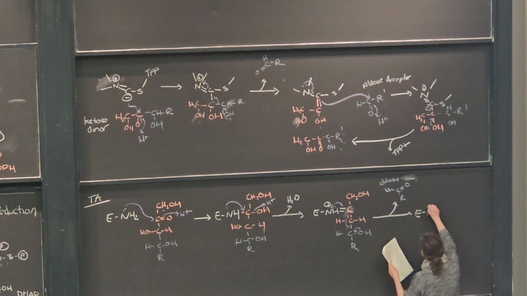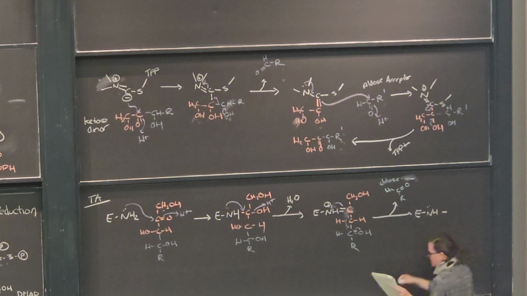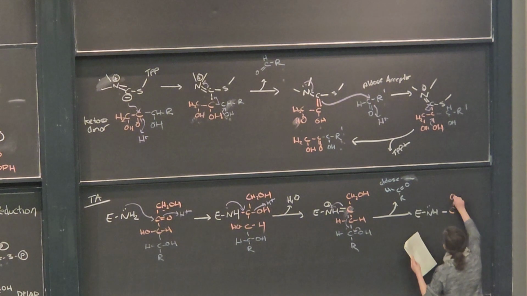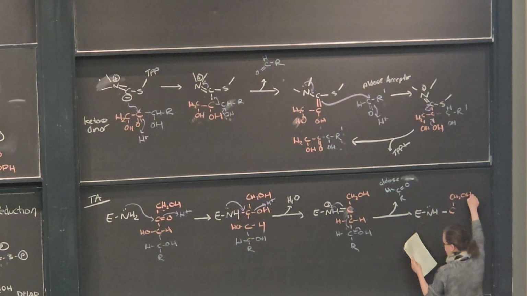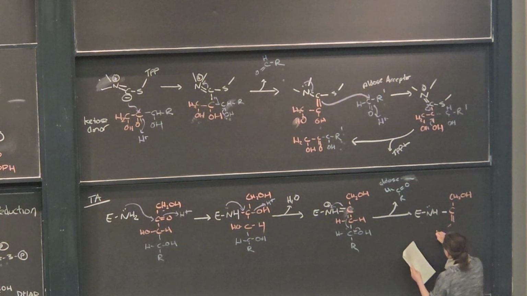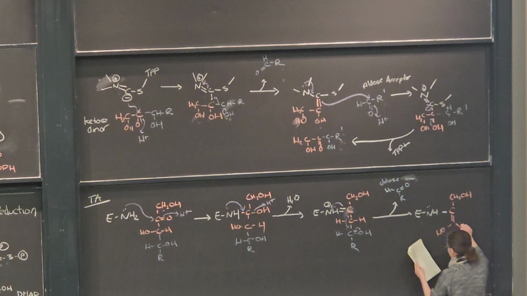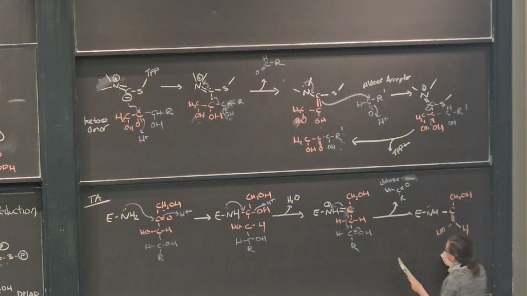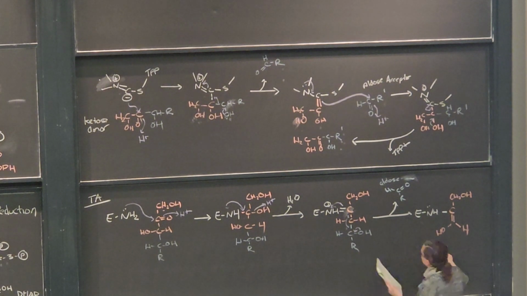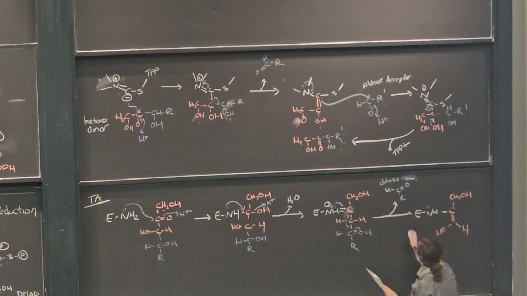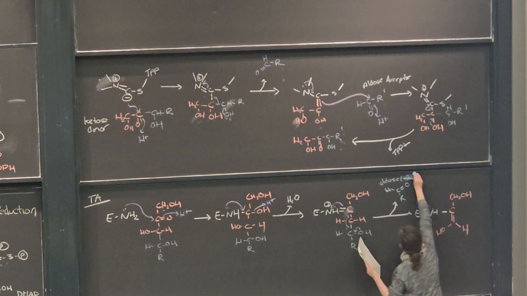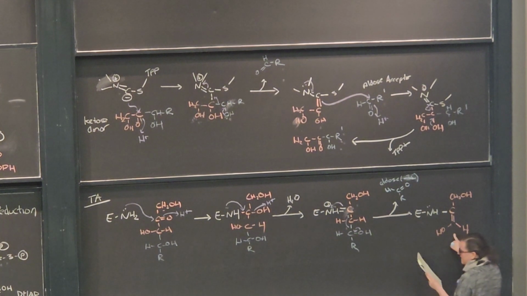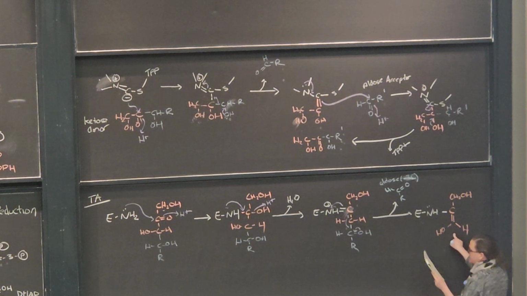Now, it's actually minus 3 carbons. We'll put it here anyways, because essentially what you've done is you've clipped 3 carbons off. So now we have this covalent intermediate on the enzyme.